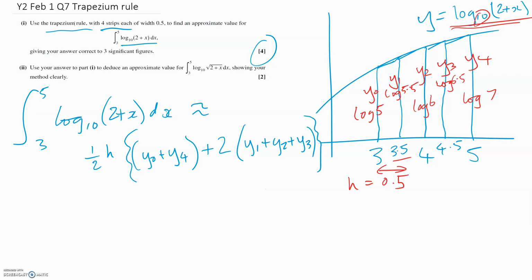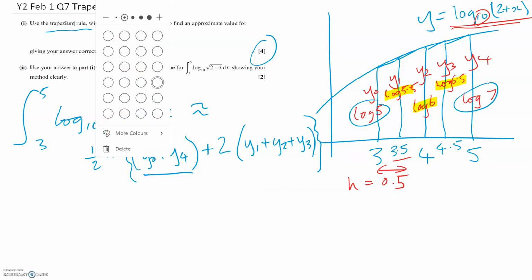So when you do the trapezium rule, you always add up the first and last y ordinate, which is this and this. But it makes sense that you need to use the middle ones twice. You're going to use that twice, that twice, that twice, because, well, just look at the trapezia.